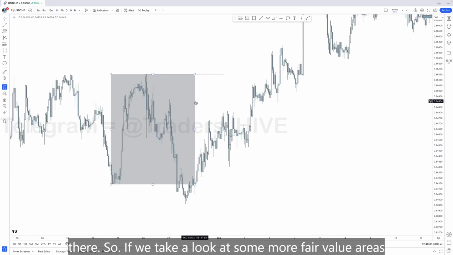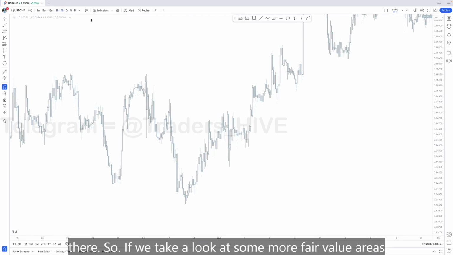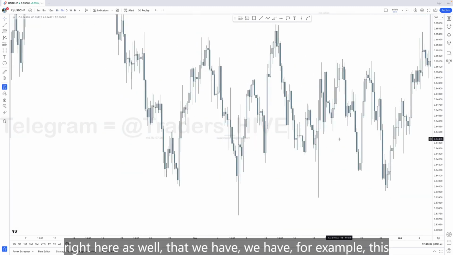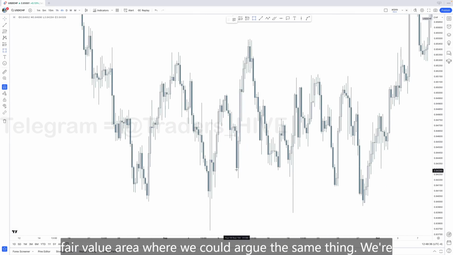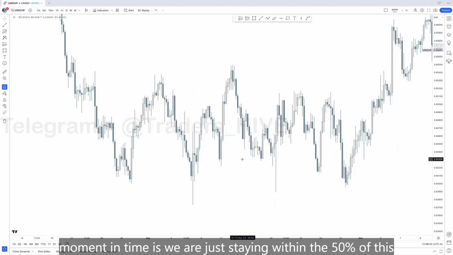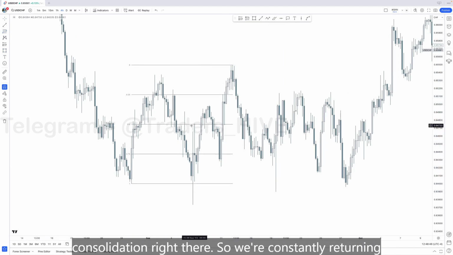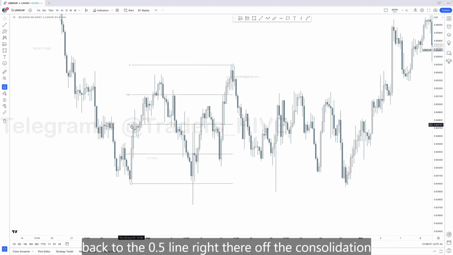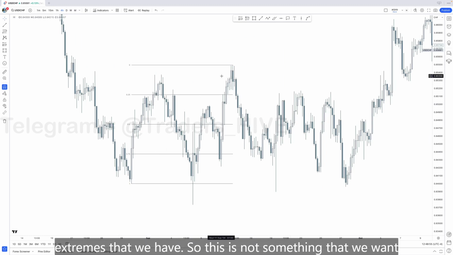So if we take a look at some more fair value areas right here as well, for example, this fair value area, where we could argue the same thing. We're not offering fair value anymore, but all we're doing at this moment in time is just staying within the 50% of this consolidation right there. So we're constantly returning back to the 0.5 line of the consolidation extremes that we have.